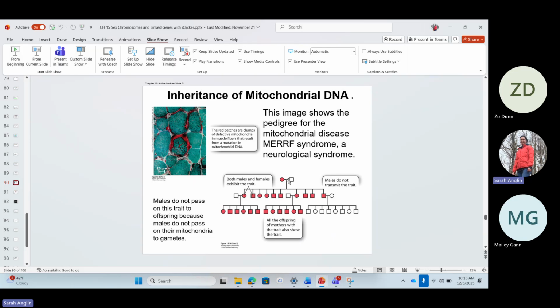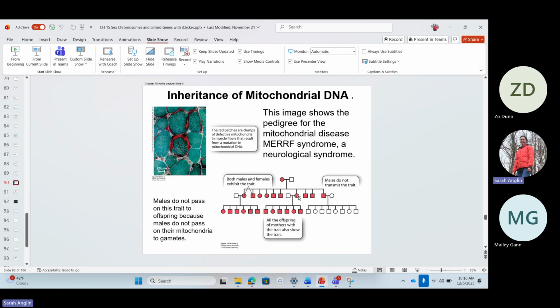That's why in this pedigree, we see how the mother is affected, and we can see how all of those offspring also are affected with the same trait. And over here, why don't we see any of these individuals affected by the trait? Well, that's because even though the father has the affected mitochondria, fathers do not pass on their mitochondria to their offspring.